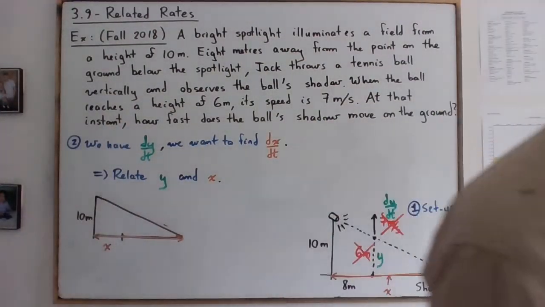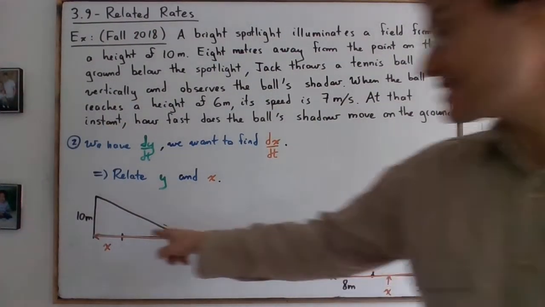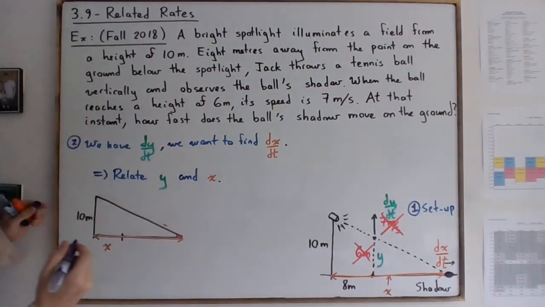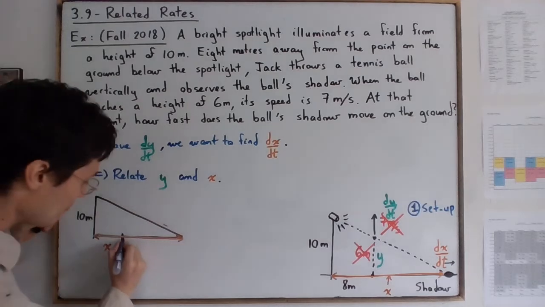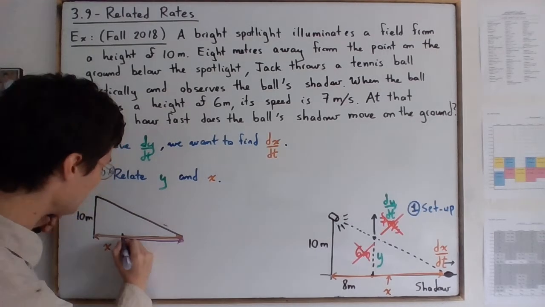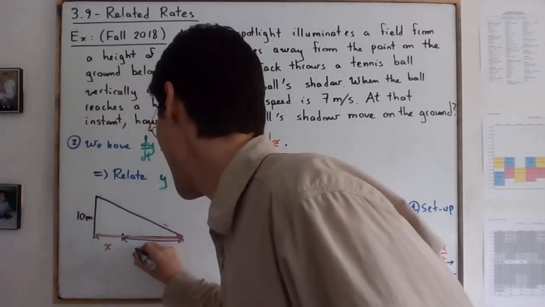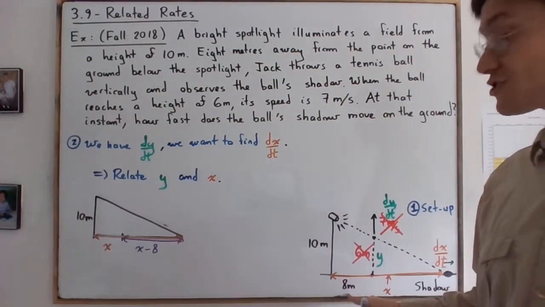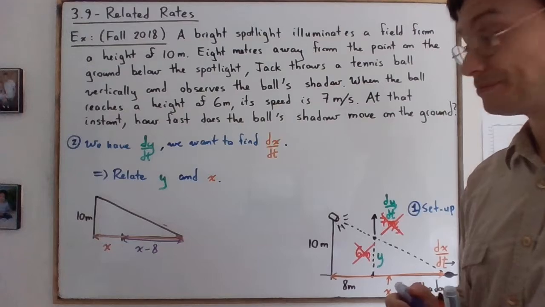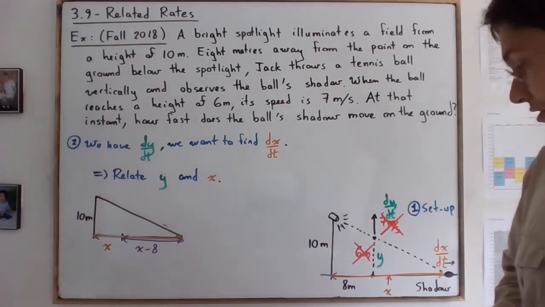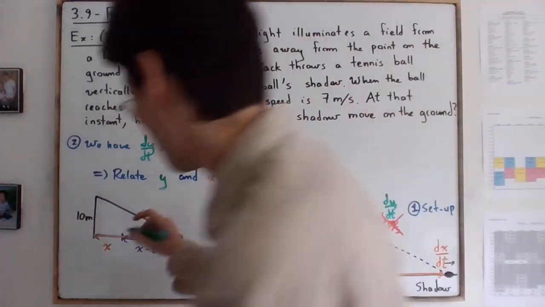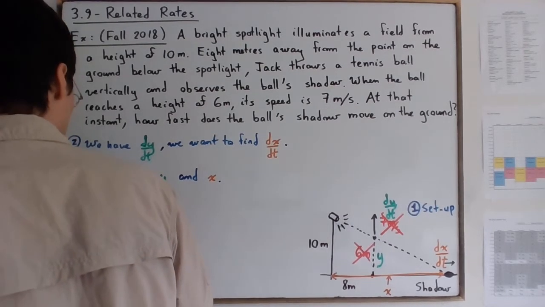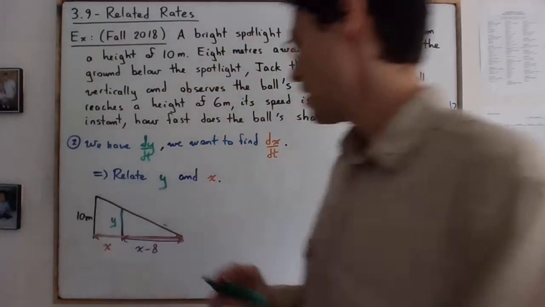And we also know that this side right here, and I don't have a lot of colors left, so I'm going to color code it in purple. We know that this side over here is x minus 8, okay? The 8 that is actually here. And this side over here turns out to be y, okay?